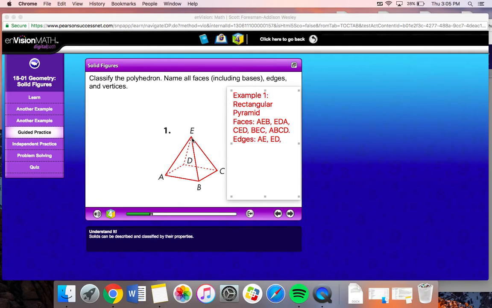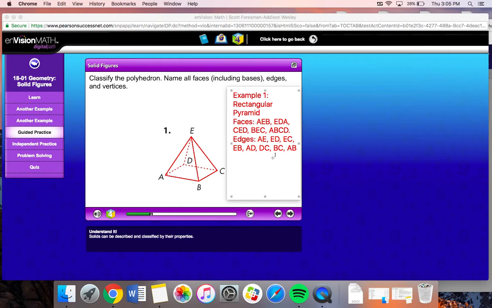ED, EC, EB. Is that all of them? Oh, I got to do the base now. AD, DC, BC, and the last one is AB. I have 1, 2, 3, 4, 5, 6, 7, 8. And that is correct as I count the edges.